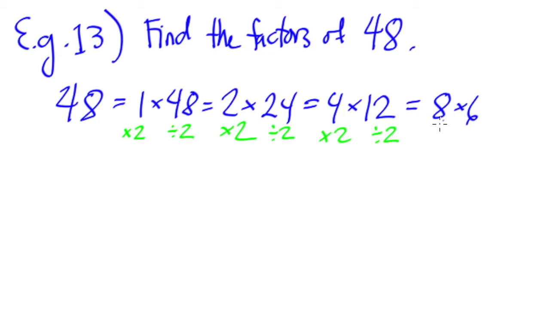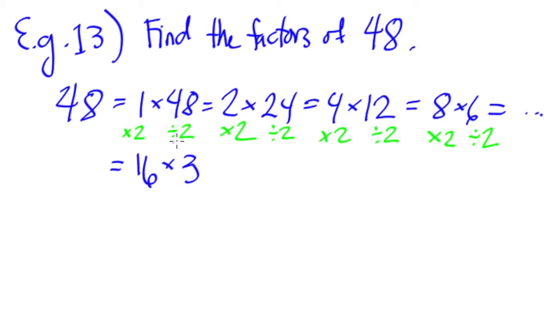Then what else? Double this and half this. Oh, sorry, opposite: double this and half this. What we have is 16 times 3. I think we should end there since 3 cannot be halved anymore.